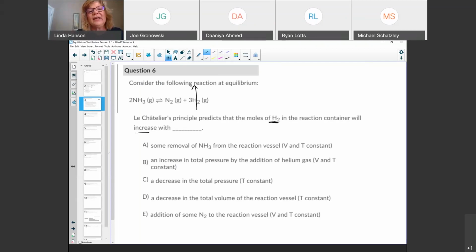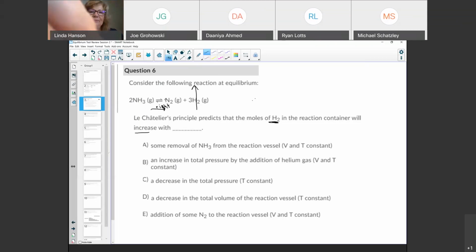So what I'm looking at is what type of stress could we apply to force the reaction to shift to the right. That's just me interpreting what it's asking me to solve for. What stress would cause it to move to the right? That's going to make the hydrogen increase. Then we just have to read each choice one at a time and decide, yes, it will move to the right, or no, it won't.